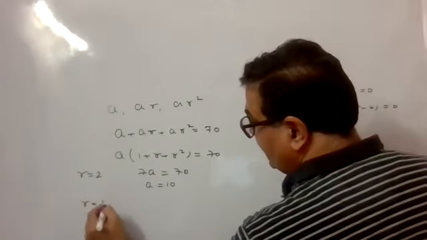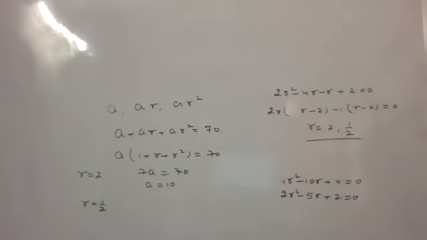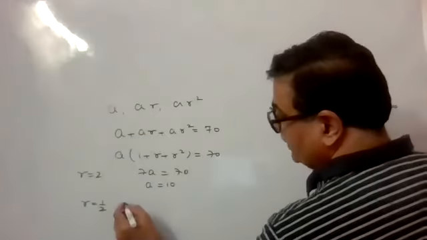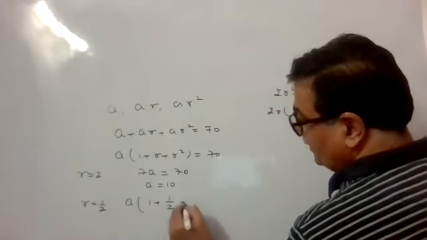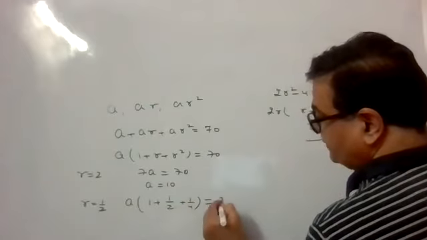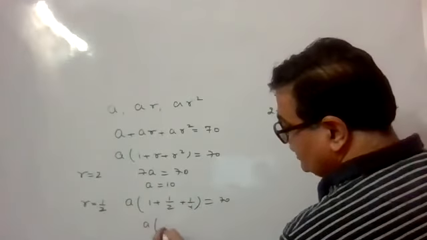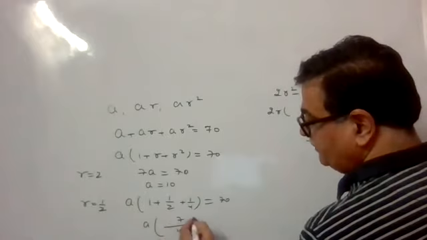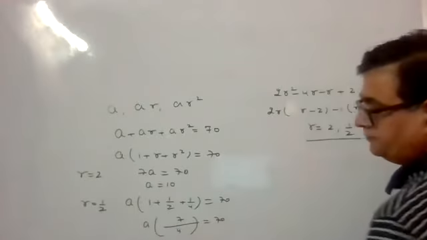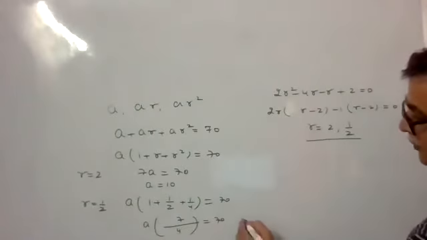Second case, when you take R as half: A times (1 plus 1 by 2 plus 1 by 4) is 70. The LCM will be 4, so 7 upon 4. So A comes out to be 40 this time.